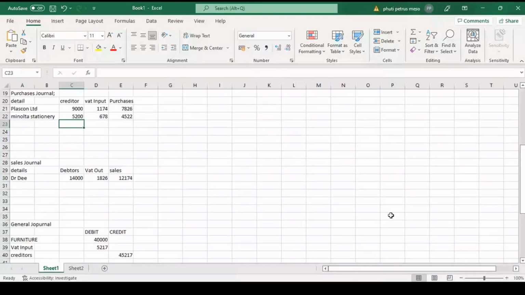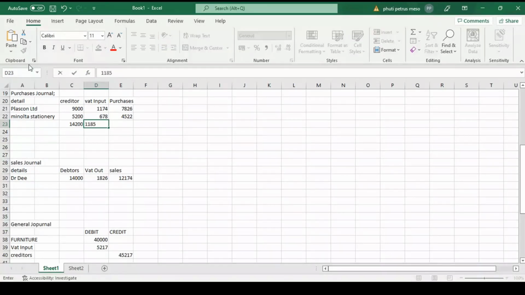And here, how much is 5 and 9? It should be 14,200. And 1174 plus 678. You've got 1185.